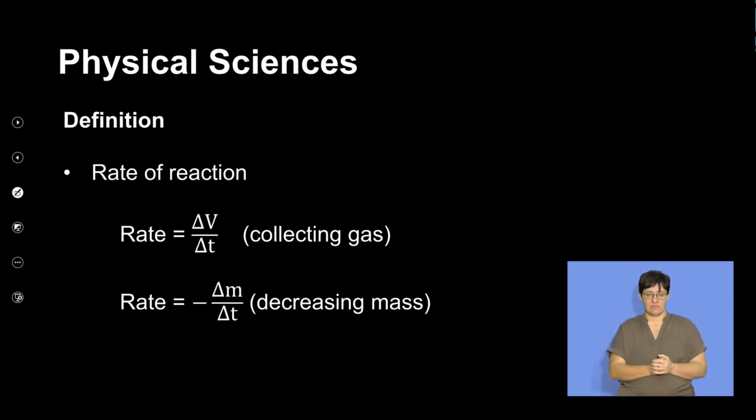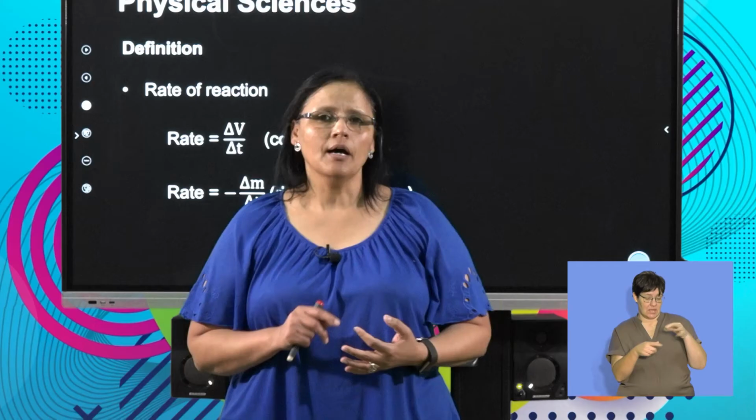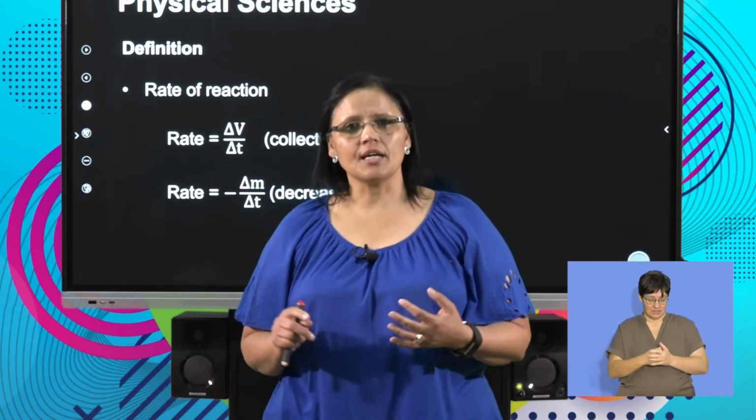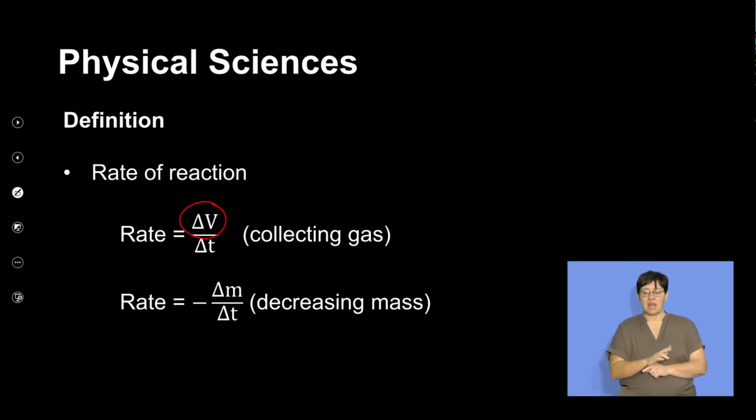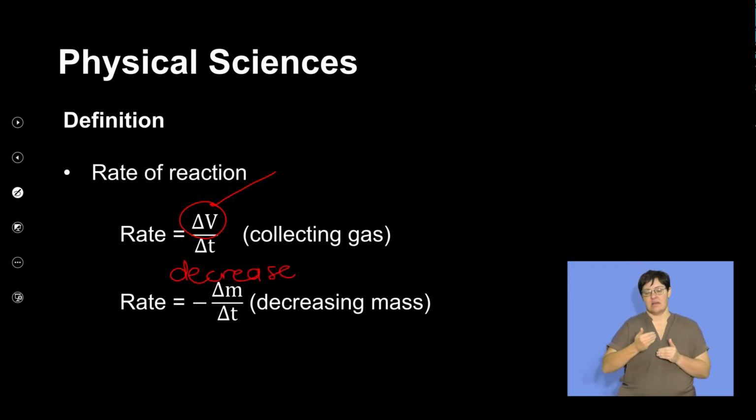Right. From the experiments, we said there are 3 ways to measure our rate of reaction. We can catch the gas, so we look at the change in the volume of the gas over regular time intervals. We can look at the decrease of our mass over regular time intervals.